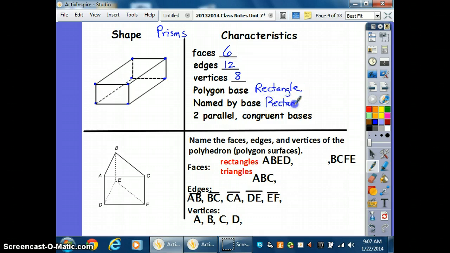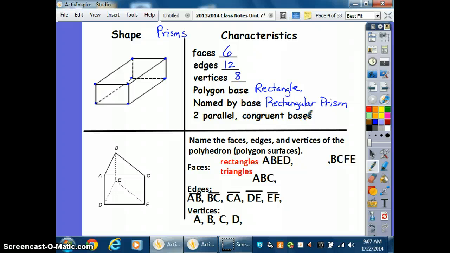It's called a rectangular prism, a prism because it has two parallel congruent bases. The next shape is also a prism. It has two parallel triangles.